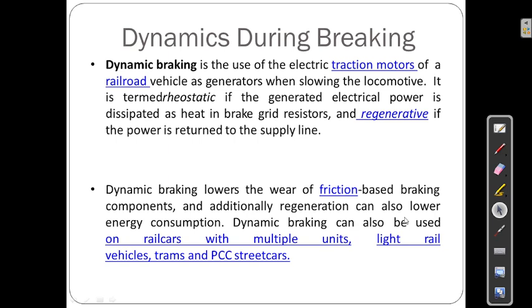Then the dynamic braking. Dynamic braking is the use of the electric traction motor of railroad vehicles as generators when slowing the locomotive.